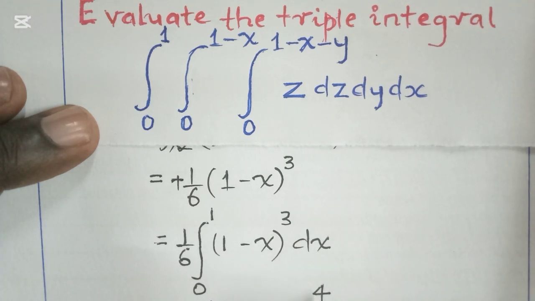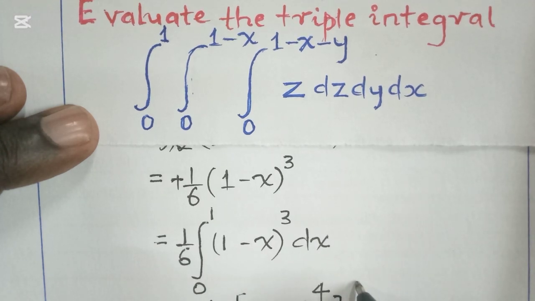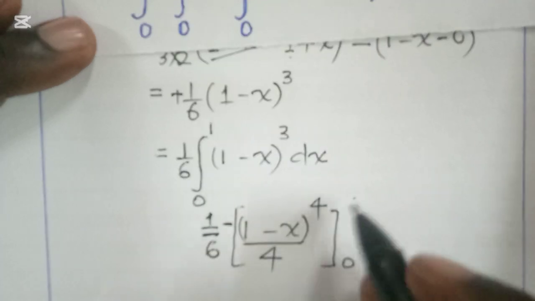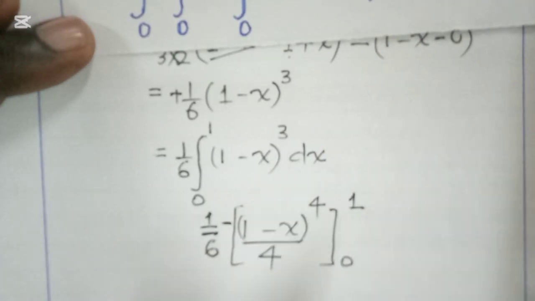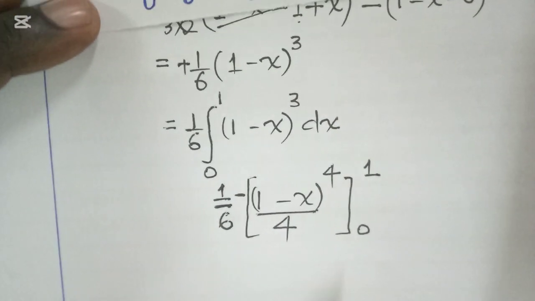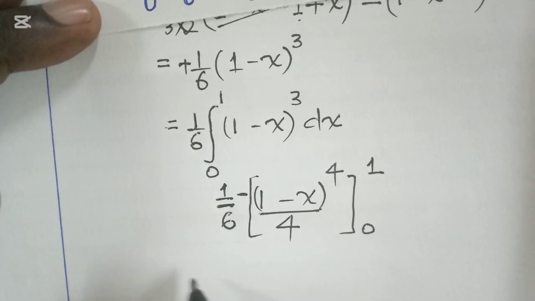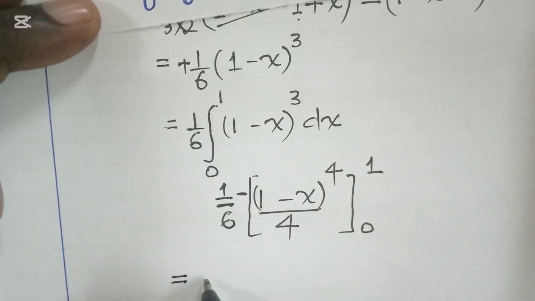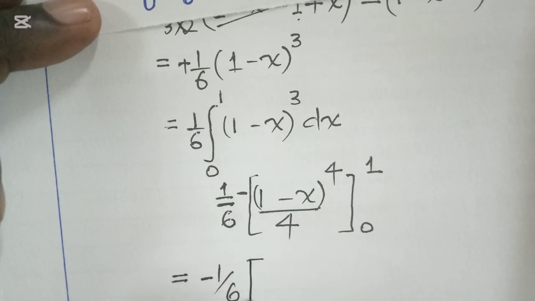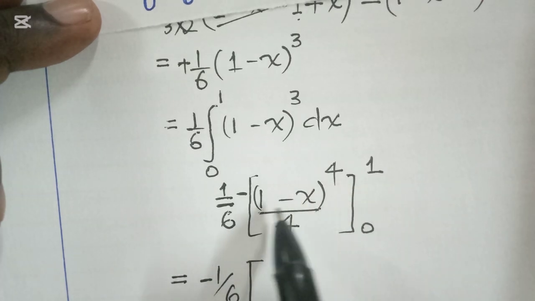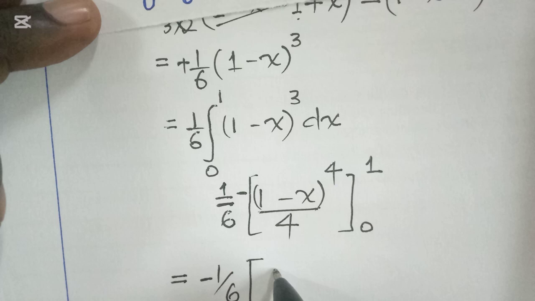So guys, our limits now are going to be from 0 to 1. We come and put in those limits. So we shall have negative 1 over 6. If we put 1, we shall have 0 all over 4.